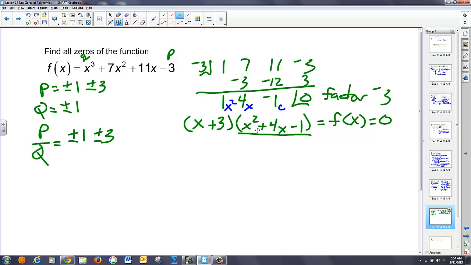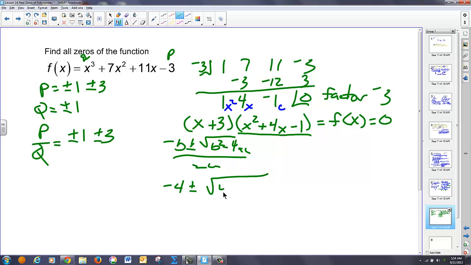In other words, in order to find these roots, we might have to go to the quadratic formula. Negative b plus or minus square root of b squared minus 4ac over 2a. And we could find those pretty easily just by plugging these numbers in. So I got negative 4 plus or minus the square root of 4 squared minus 4 times 1 times negative 1, all over 2.